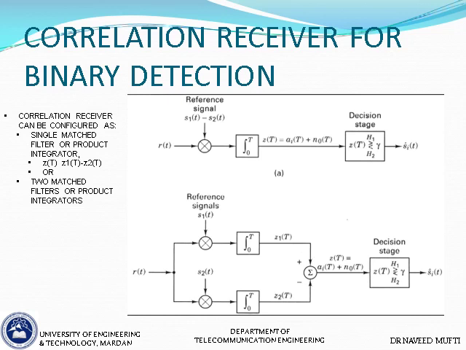The difference between these two configurations is that here two matched filters or product integrators are used, and here one matched filter or product integrator is used. The end result is the same. Ultimately, we have to make a decision, and that decision will go either in favor of s1 or in favor of s2. So these are two different ways of implementing the correlation receiver for binary detection.